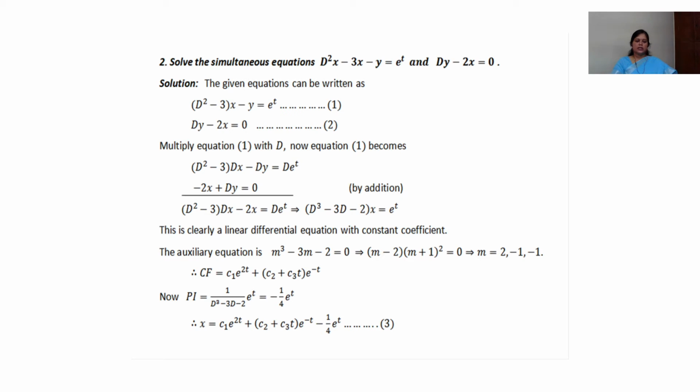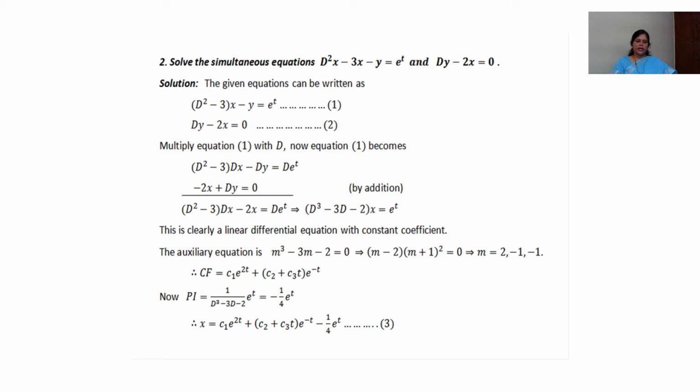So replace D by a, that is equal to 1. If we substitute 1, we'll get 1 minus 3 minus 2. So 1 minus 3 minus 2 means it is minus 4. That's why PI is equal to minus 1 by 4 into e to the power t.